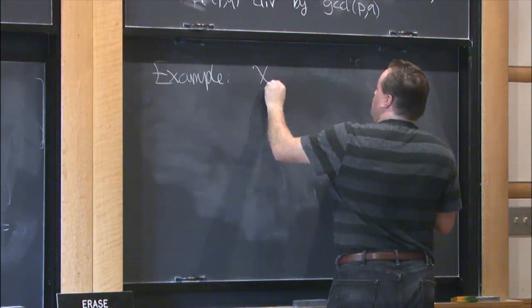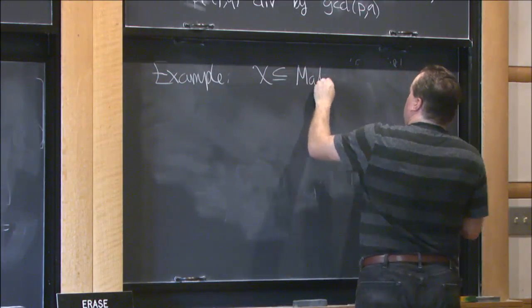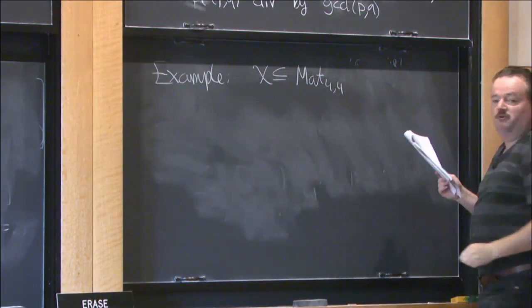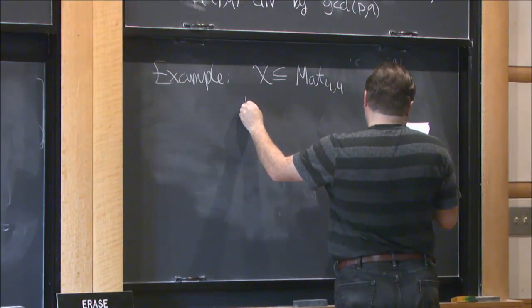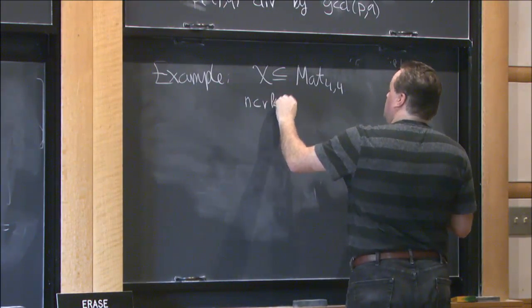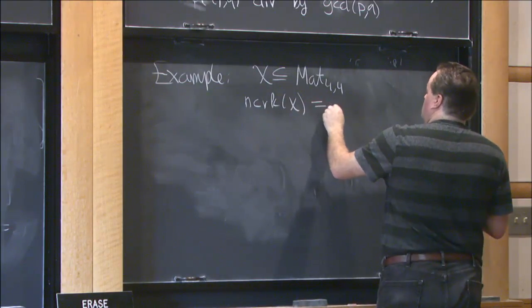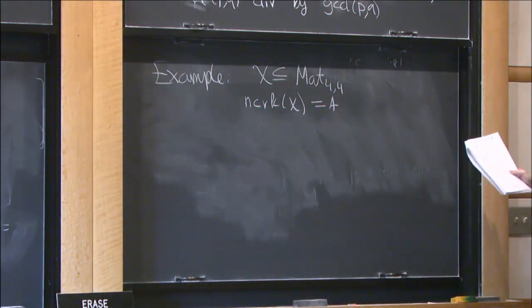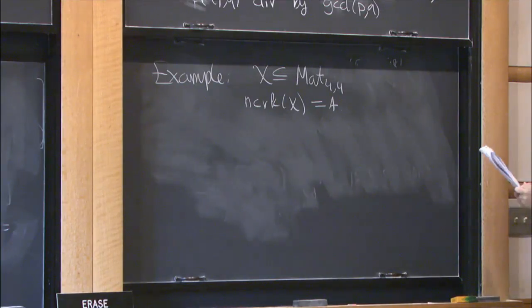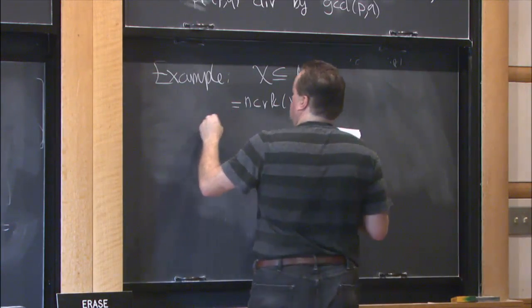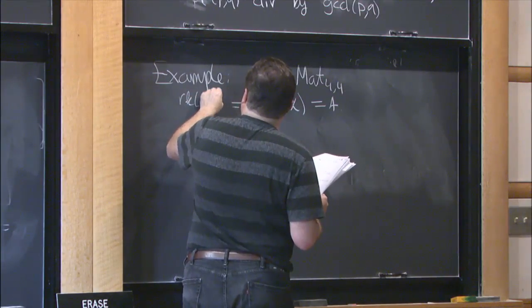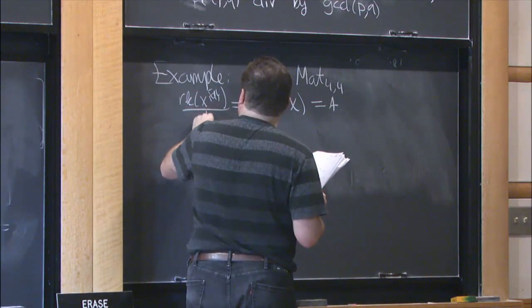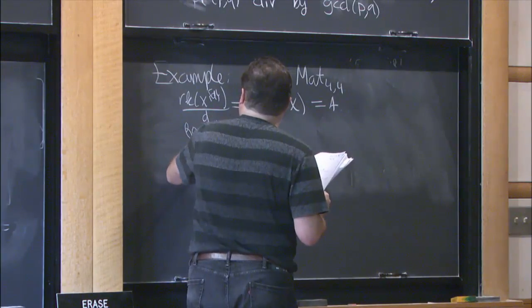Let's say we had a subspace of 4 by 4 matrices, and let's say that the non-commutative rank was 4. So that means that this is equal to the rank of X_d divided by d for d large.